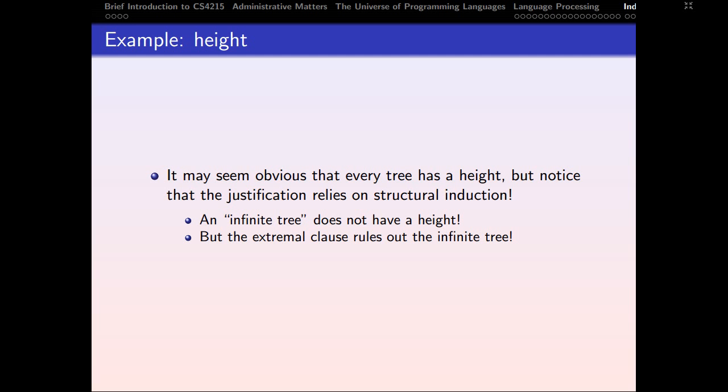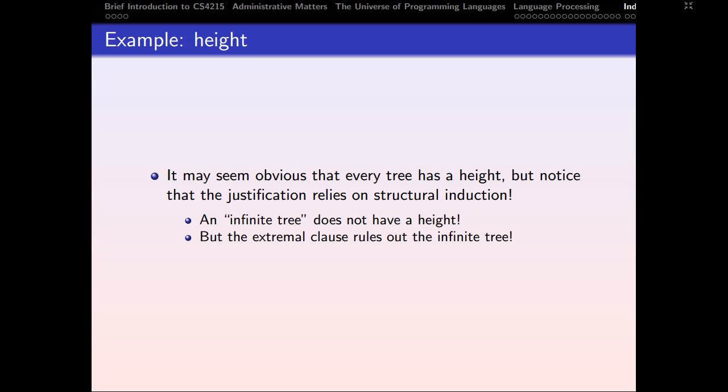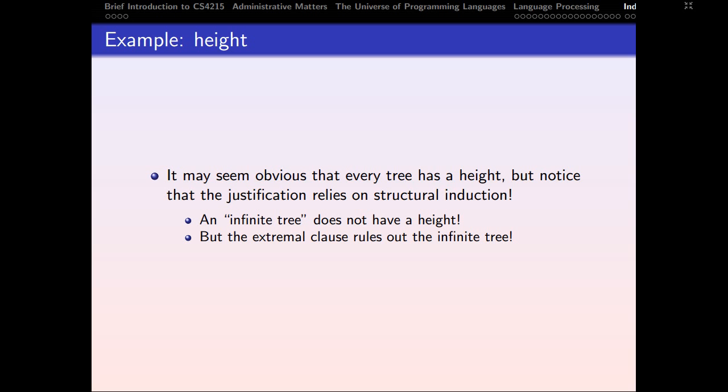I would have said that the height exists for all trees, but a set of infinite trees was there inside, and those do not have a height. So that kind of shows that our rule of taking the minimum is a good one. There would be a mathematical proof for why this is a good one, but this is sort of an intuition. We don't want to go up to that level.